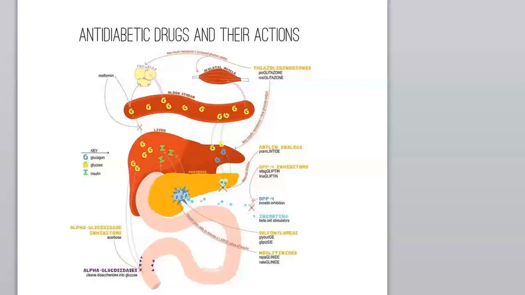Again, it lowers blood glucose by stimulating the release of insulin from the pancreatic beta cells. So it kind of says to the pancreas, hey, we need a little bit more insulin. And again, we worry about hypoglycemia. Patients should know their blood glucose for that day before they take these.